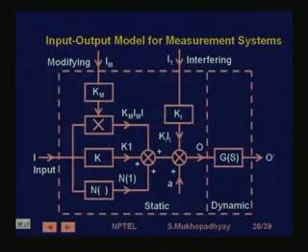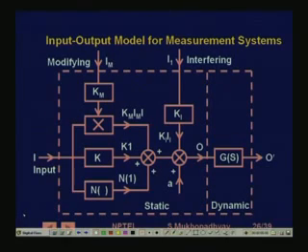So it is important to capture, and this is a typical way that the input-output effects in a measurement system are captured. In this case, there are three kinds of inputs. This is the desirable input, so you want to see the effect of the variation of this on this output.